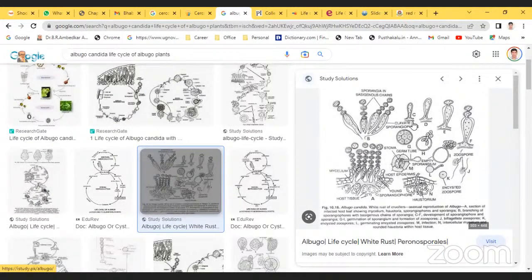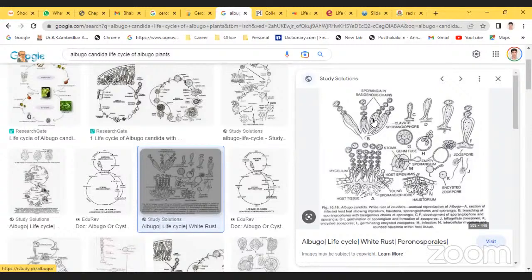Observe this diagram. This is the host tissue, mycelium, and these are the sporangial basipetal chains, like sporangiophores. This type of structure we observe in white rust diseased leaves.